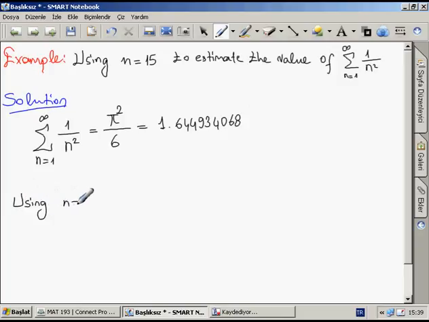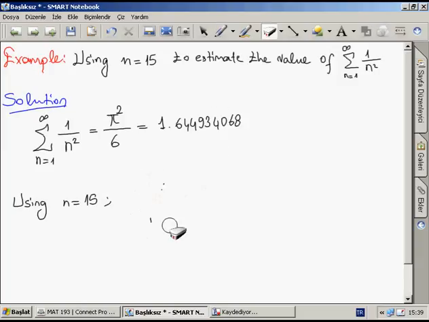Using n equals 15, so that n starts from 1 to 15 of 1 over n squared, not infinity, it's 15, I'm sorry. Maybe it can be computed as the partial sums.